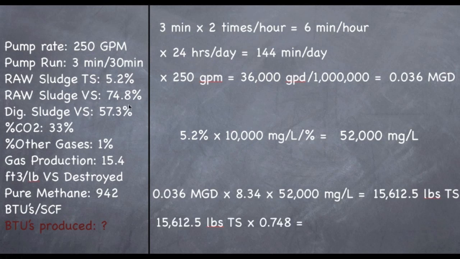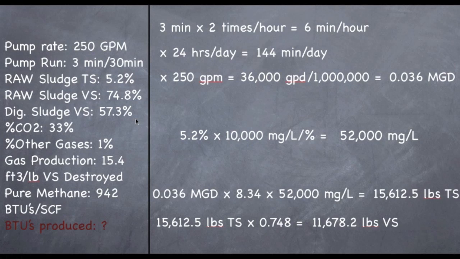So 15,612.5 times 0.748 equals 11,678.2 pounds of volatile solids. That's what we can convert into digester gas. Only the volatile portion. So that's a simple grade 1, grade 2 pounds formula. It's a little drawn out, but not very hard.